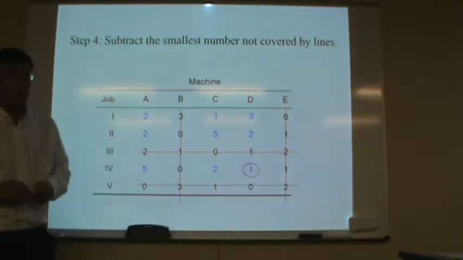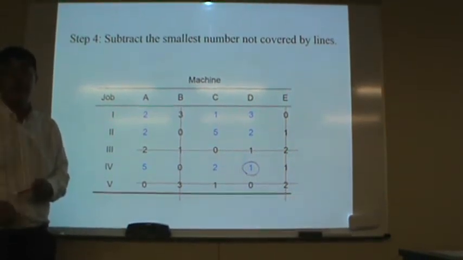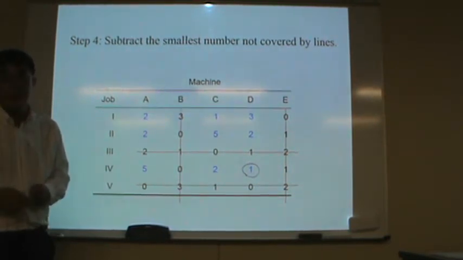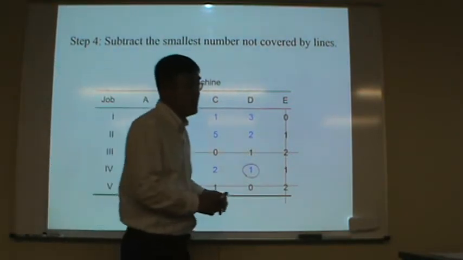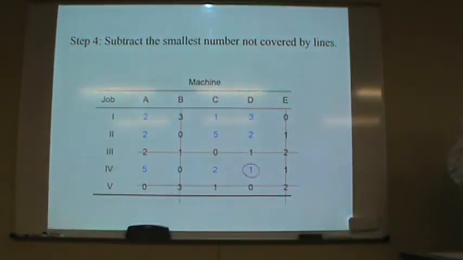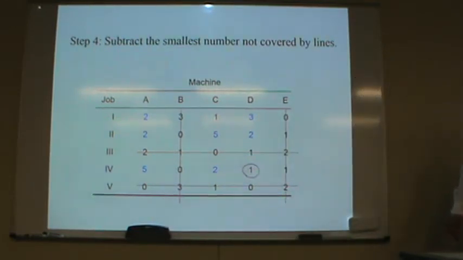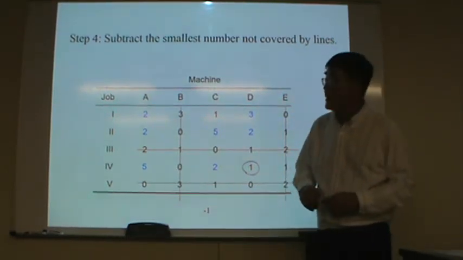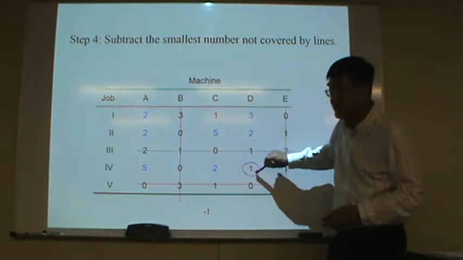This step 4 makes more 0. Then to cover all 0 we need more lines. Okay? So 1 is smallest, so subtract 1 from numbers not covered by lines.